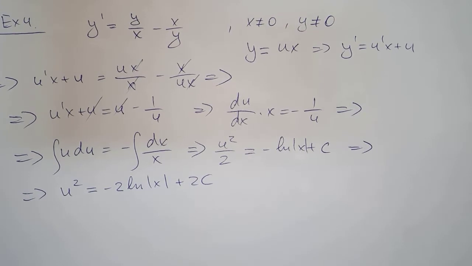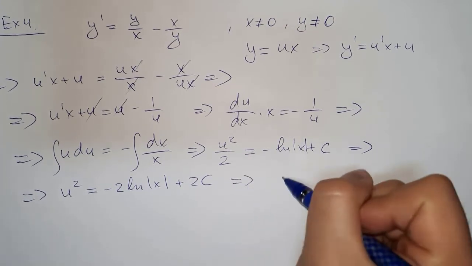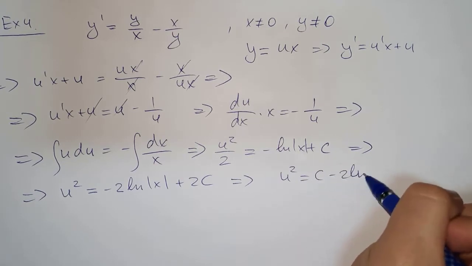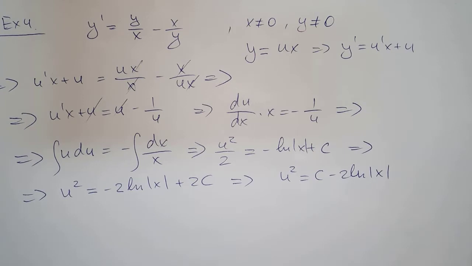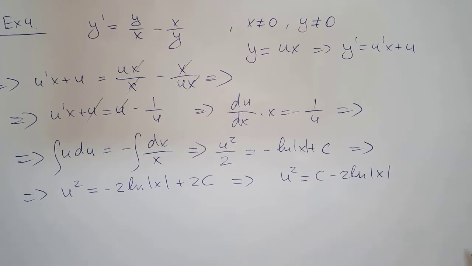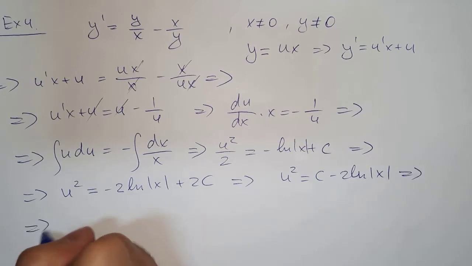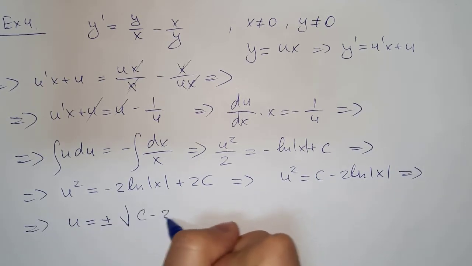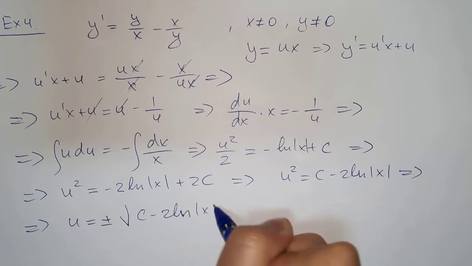So it will be now u squared is c minus 2 natural logarithm of x, or we have u is plus minus square root of c minus 2 natural logarithm of x.